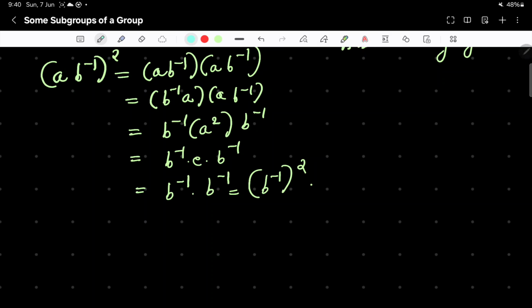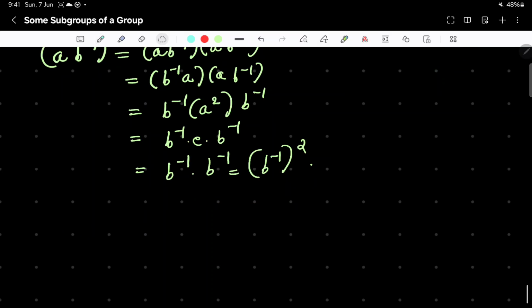Okay. Now we need to know what is B inverse square, right? So let's take T equal to B inverse square, that is B inverse times B inverse.